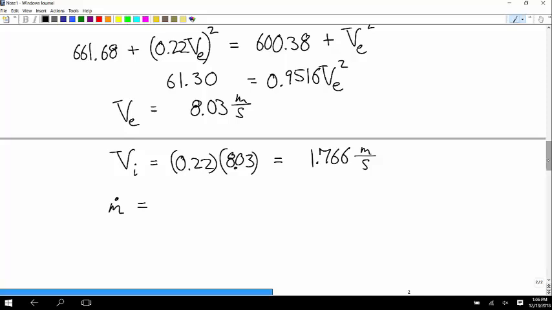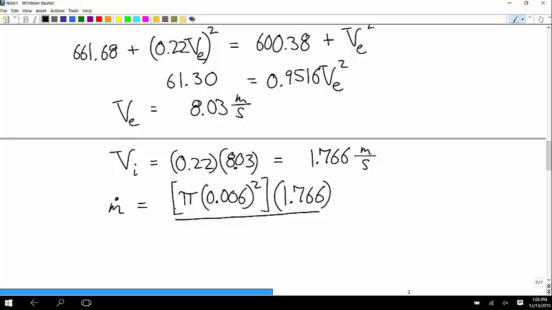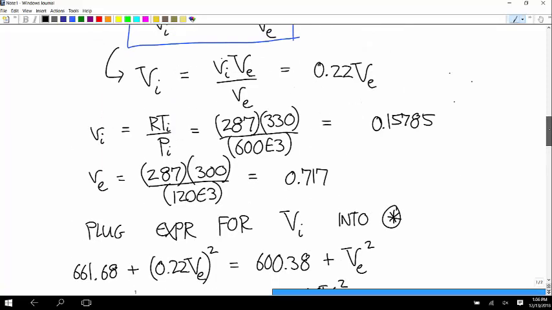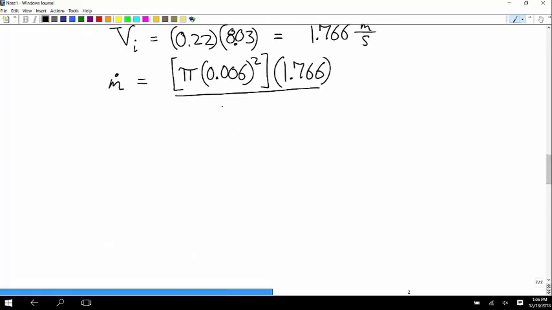So let's see. The area is pi times 0.006 squared. Okay, that's the area. Times the speed, let's do it at the inlet, times 1.766, divided by the specific volume at the inlet, 0.15785. We've rounded everything off to like one significant figure. We might as well keep all 5 of those.